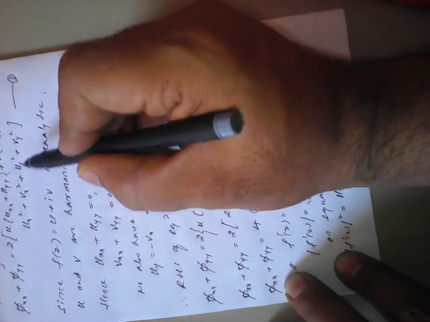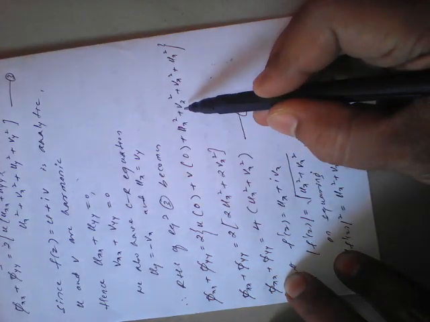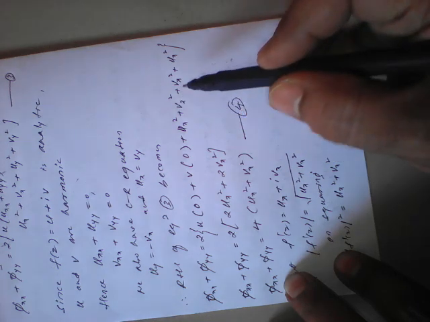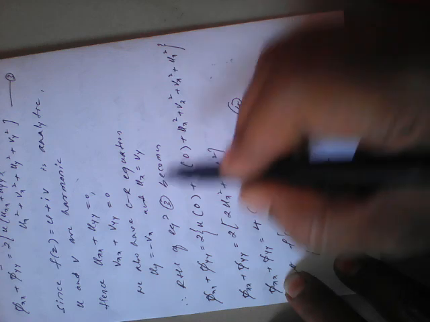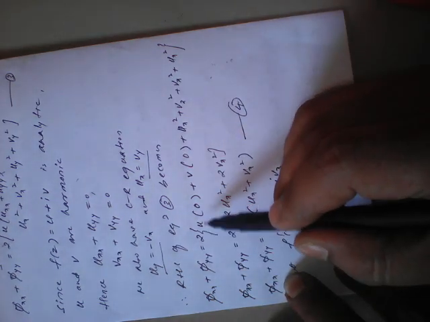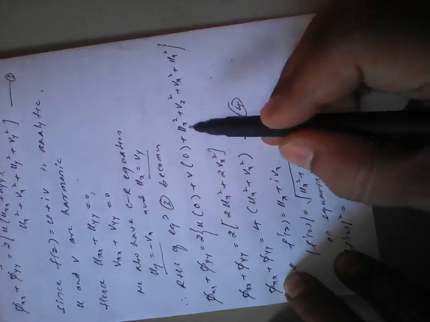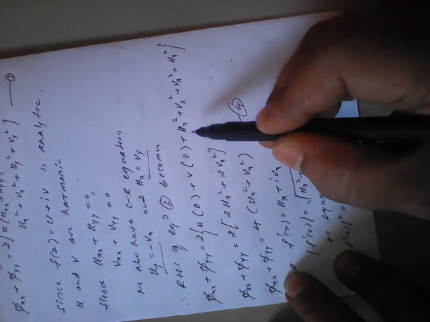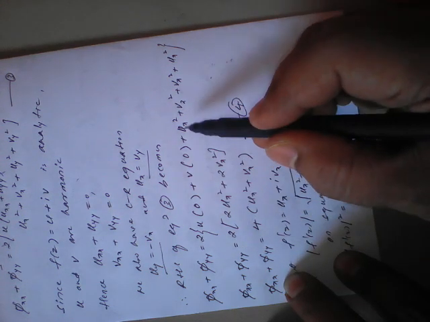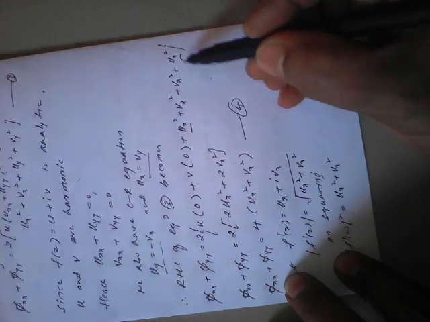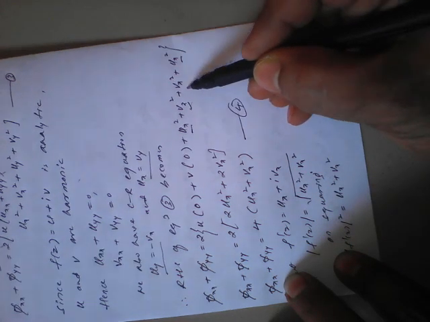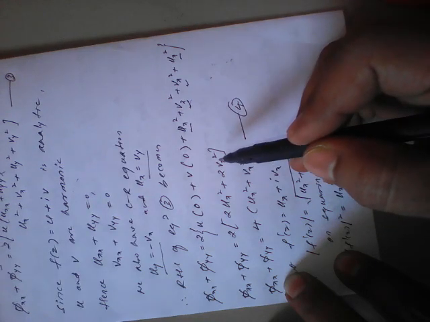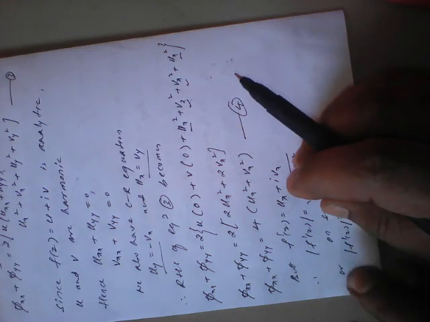So u y square can be written as v x square, and similarly this v y square can be written as u x square, according to these two conditions. On simplification, u into 0 also becomes 0, what is left is 2 as it is, u x square plus u x square, which becomes 2 times u x square, and v x square plus v x square will become 2 times v x square.